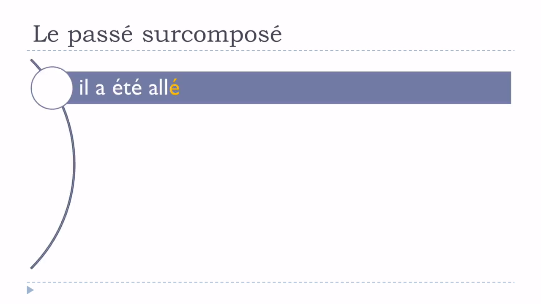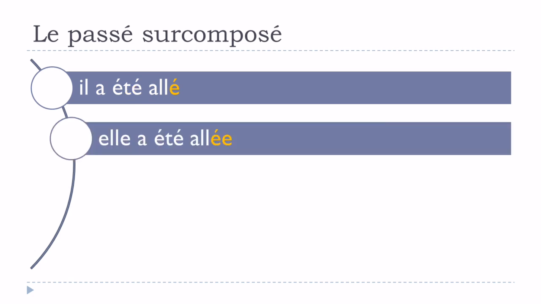But then remember that it will behave exactly the same way as all the compound tenses if you use a verb like aller, for instance, that will require être and not avoir.